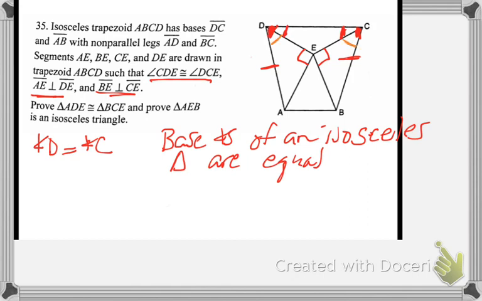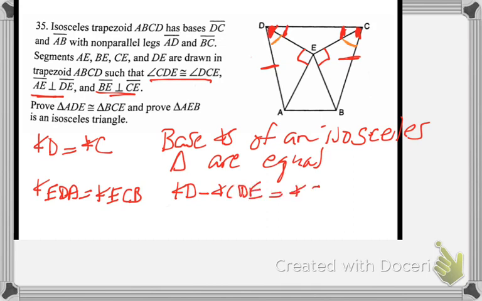So let's write that. Angle EDA equals angle ECB. And why is that so? Because angle D minus angle CDE is equal to angle C minus angle DCE.